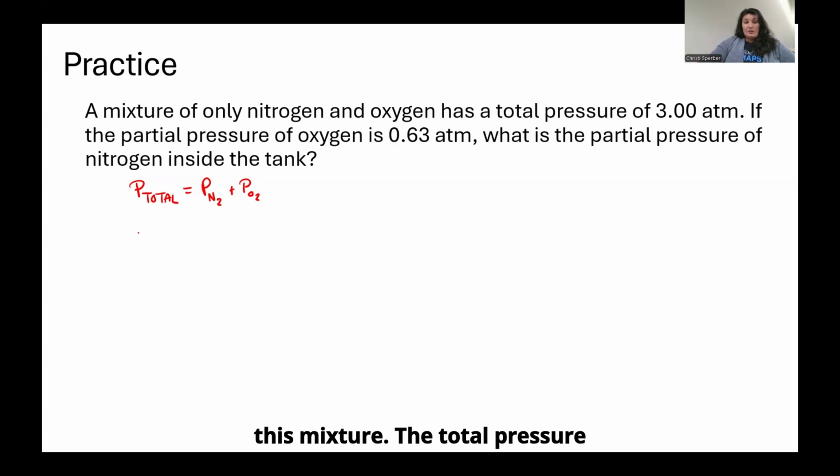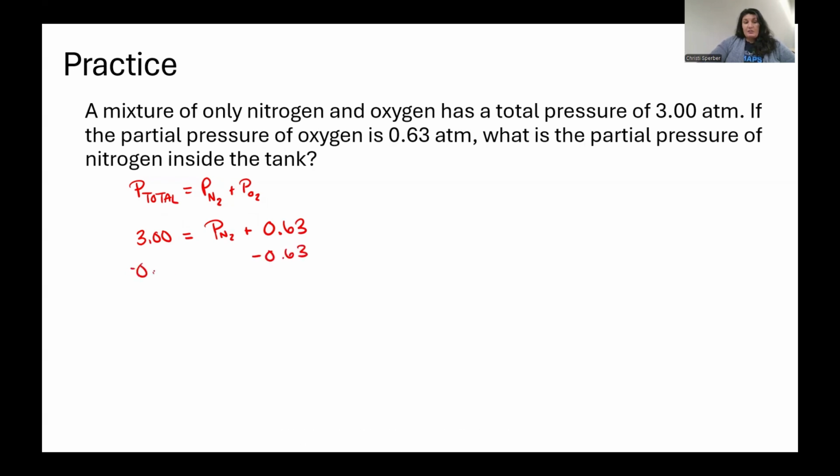The total pressure is 3.00 atmospheres. We want to know the partial pressure of nitrogen, and we know the partial pressure of oxygen is 0.63. So we're going to subtract 0.63 from each side, and we get the partial pressure of nitrogen is 2.37 atmospheres.